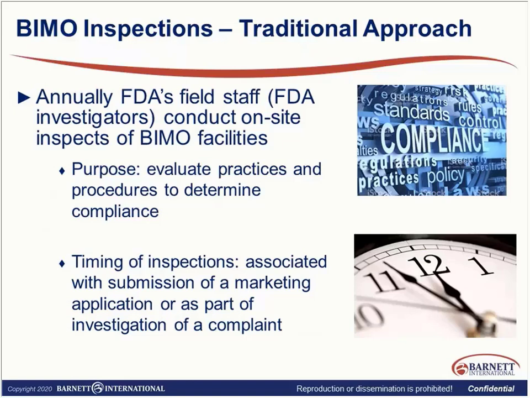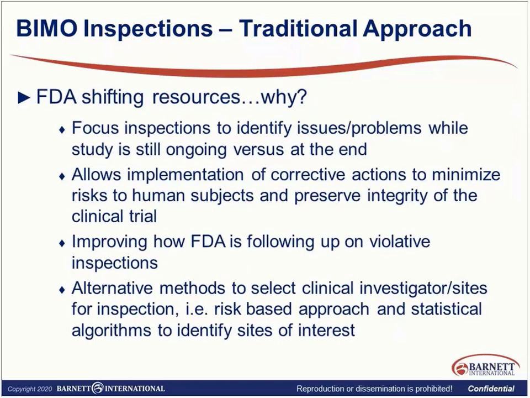The FDA gets many complaints that come in every year. They do have to assess the complaints that come in and then prioritize if they will perform an inspection. And so this is how the FDA traditionally is going to go about their inspections. Often we don't see inspections that are occurring during the clinical trial.